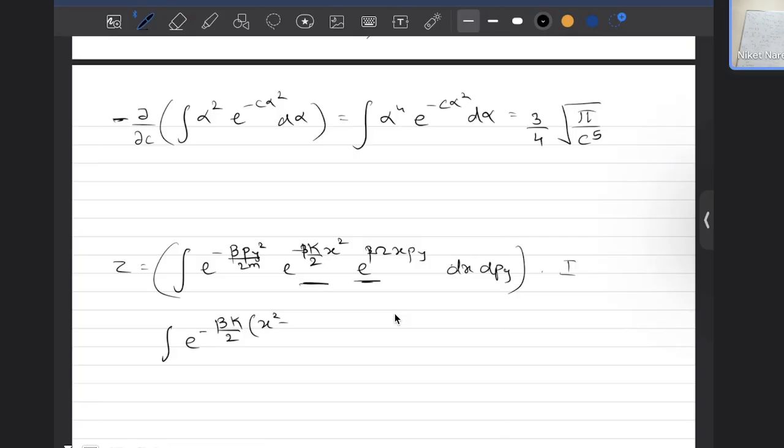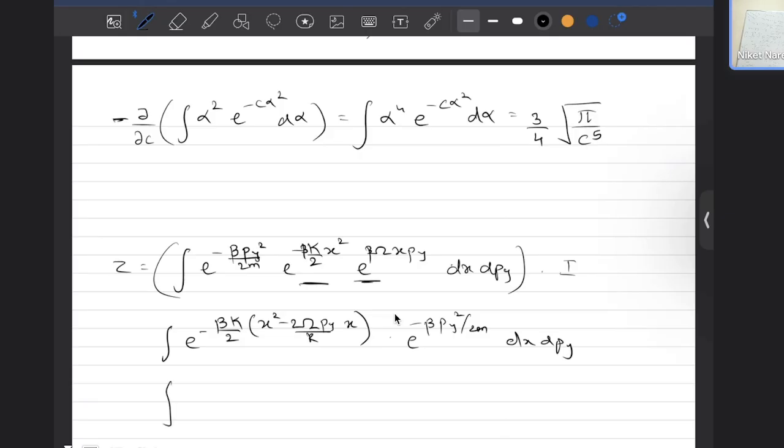I'm merging these two: 2 omega py by kappa into x, e to power beta py square by 2m, dx dpy.